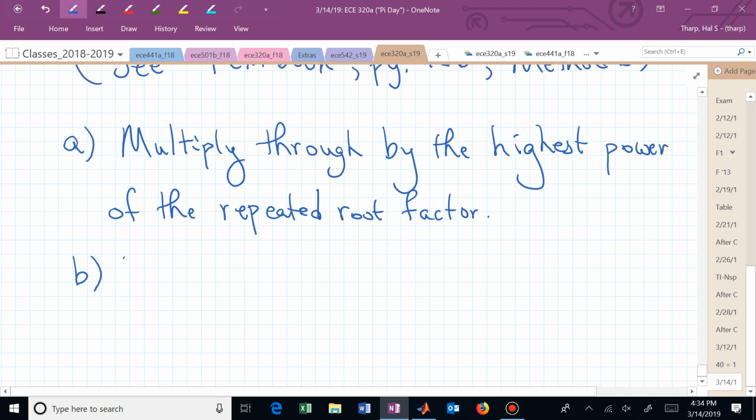Here's everybody's favorite step, is to differentiate with respect to s.